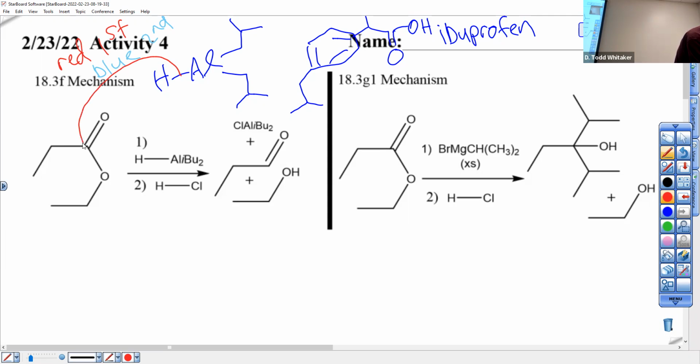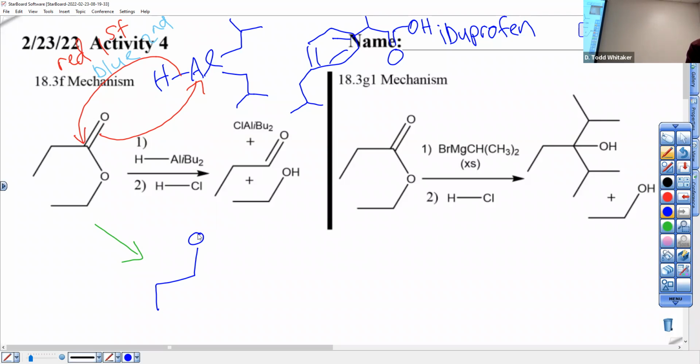It's like these are simultaneous: that attacks with its electrons, and then the pi breaks and comes back to aluminum, and you get an intermediate. You've got to know this is not as reactive as when there's an H minus, okay? Because there's no minus.